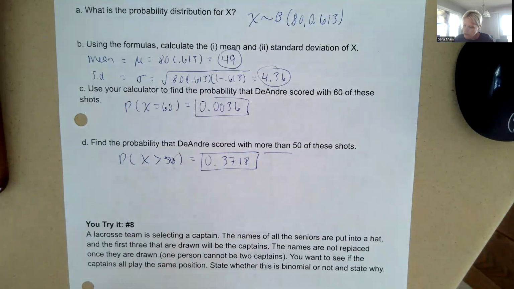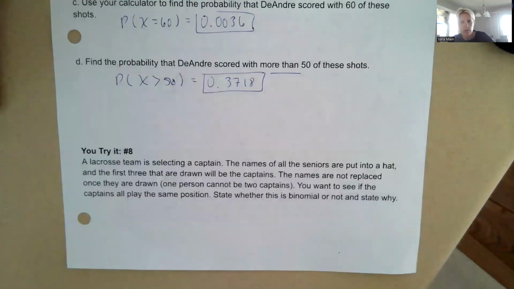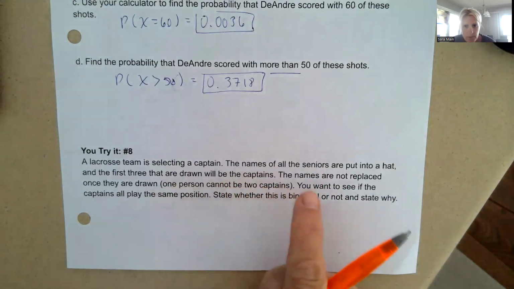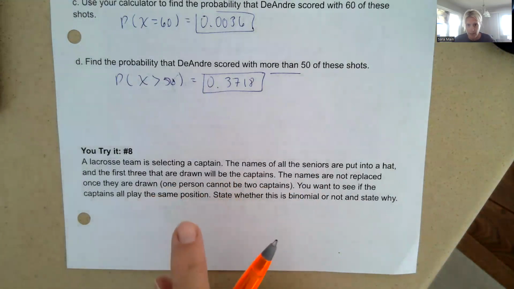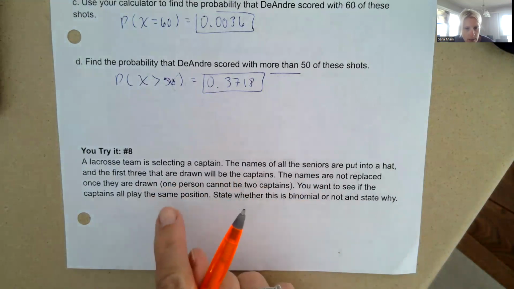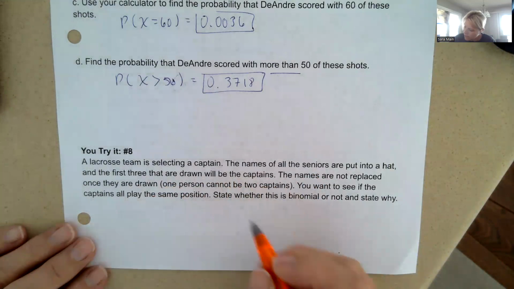The last few try: a lacrosse team is selecting a captain. The names of all the seniors are put into a hat, and the first three that are drawn will be the captains. The names are not replaced once they are drawn, because you can't have a person being a captain twice. You want to see if the captains all play the same position. State whether this is binomial or not, and state why.